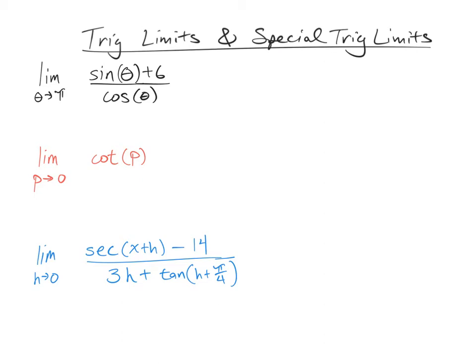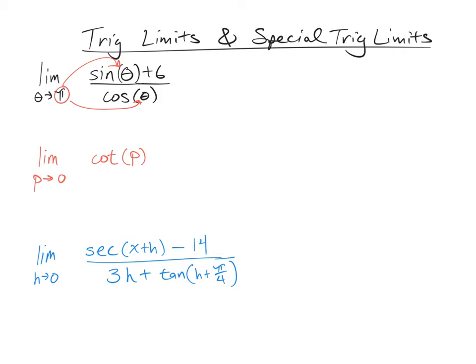And with these 3 examples, we can just go ahead and directly substitute these values in. So this pi can just be directly substituted in for theta. And that is because in the denominator here, the cosine of pi is -1. So there's no divide by 0.